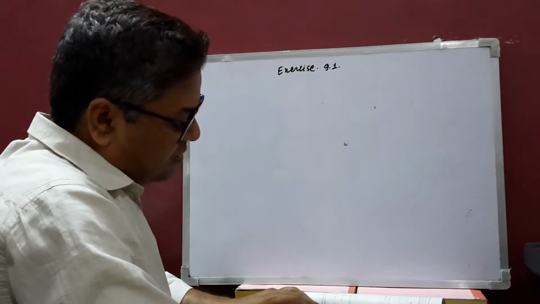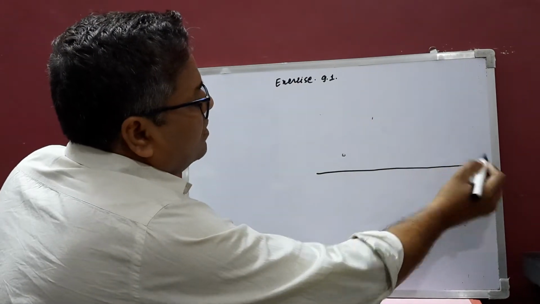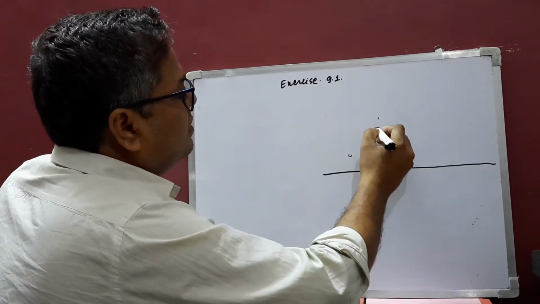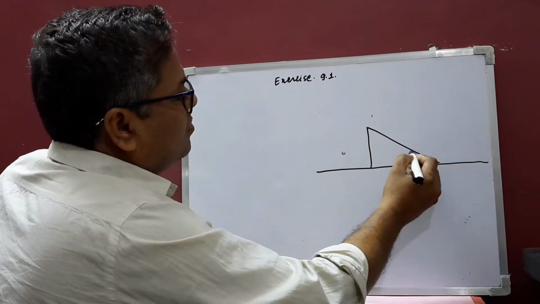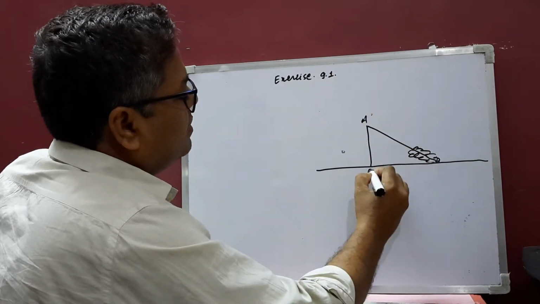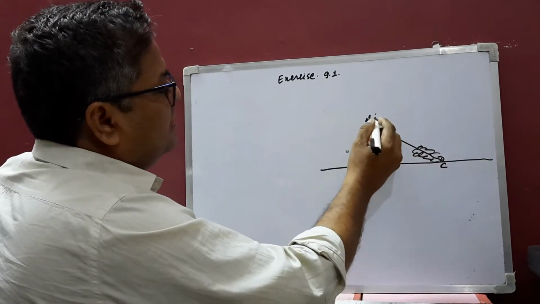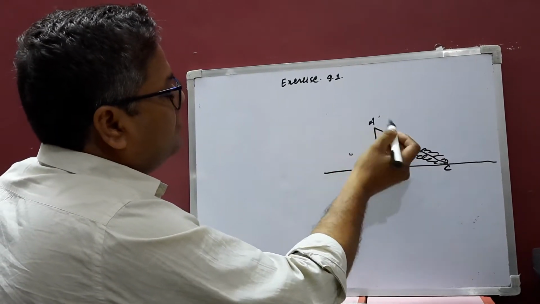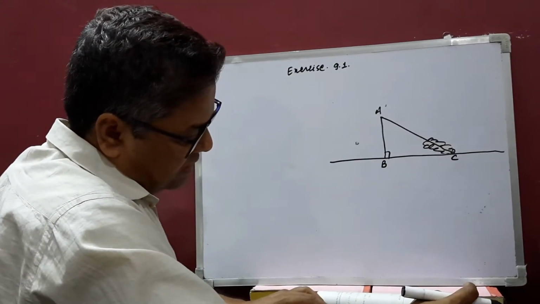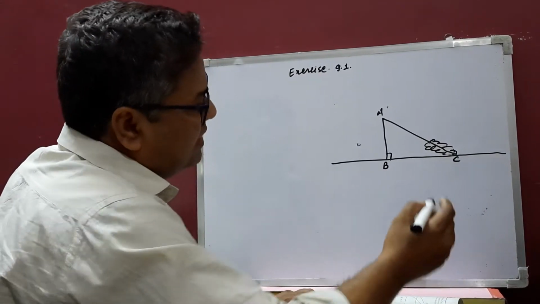First of all you will plot the ground level, and the tree has been broken from here due to a storm, and the broken part of the tree is inclined with the ground and makes an angle of 30 degree.